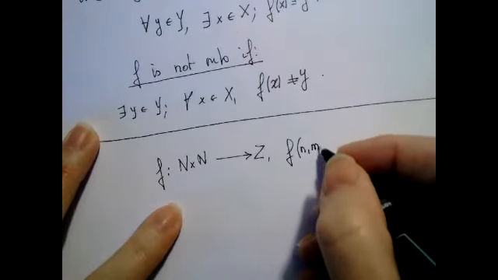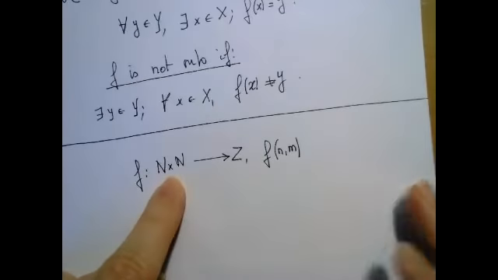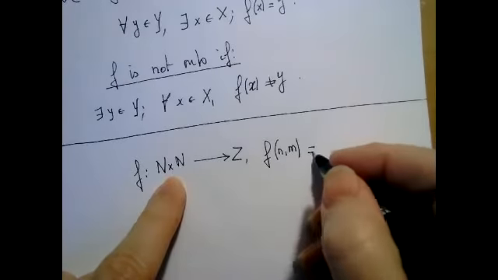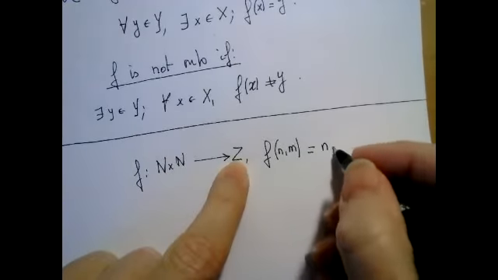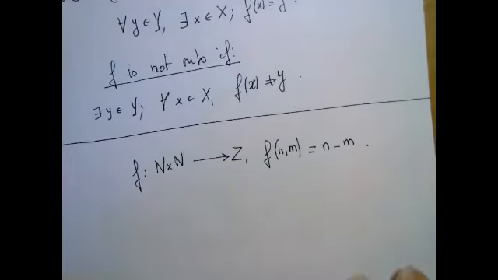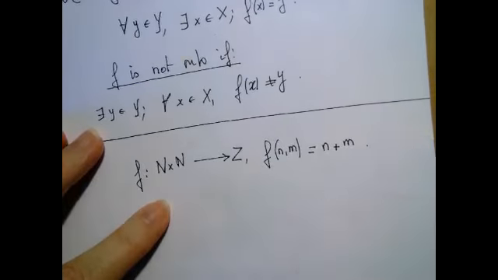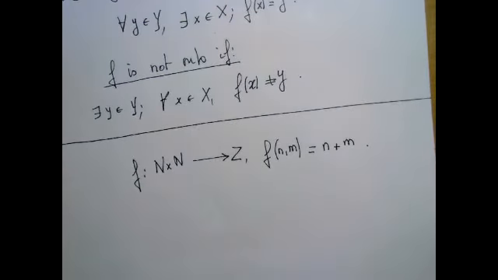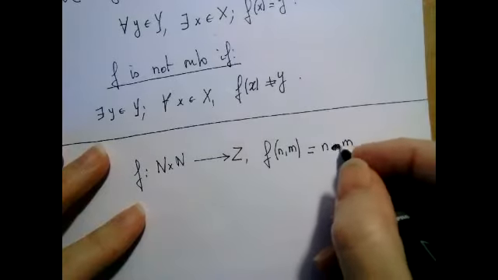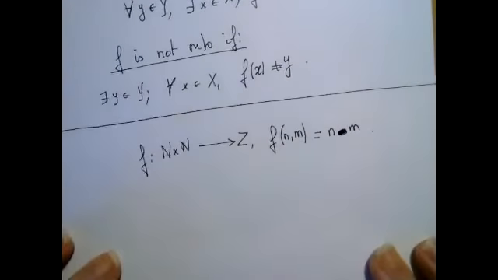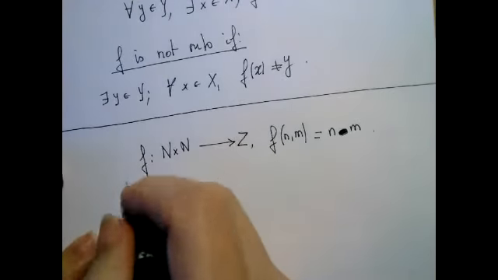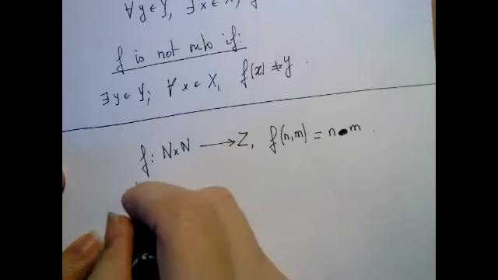It takes an ordered pair, because everything here is an ordered pair, (n, m) to something in Z, and it was n minus m. Otherwise, it doesn't make sense.